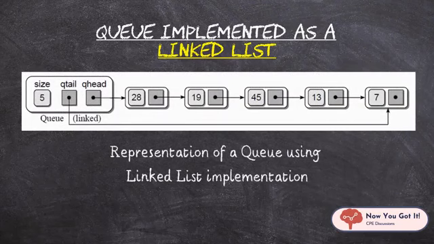A major disadvantage in using a Python list to implement the queue data structure is the expense of the enqueue and dequeue operations. The circular array implementation improved on these operations, but at the cost of limiting the size of the queue. A better solution is to use a linked list consisting of both head and tail references.